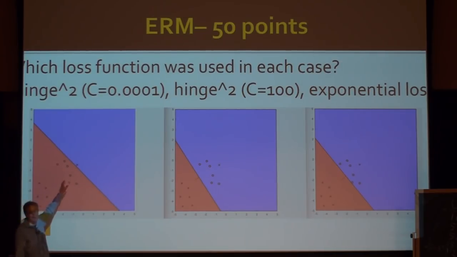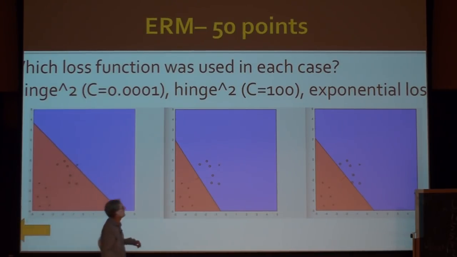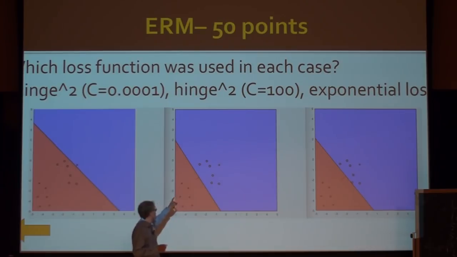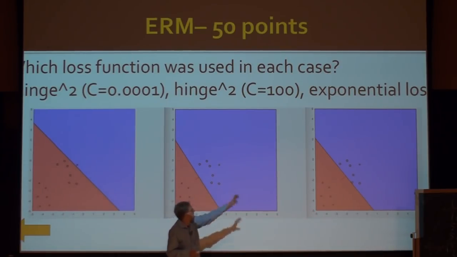It's horrible. The decision boundary is not between these different classes. It doesn't care at all about getting the points right. It just cares about having a tiny w, which is exactly here. You can't even see it. So you have almost a zero loss in front of your slack variables. So these two must be the other two.